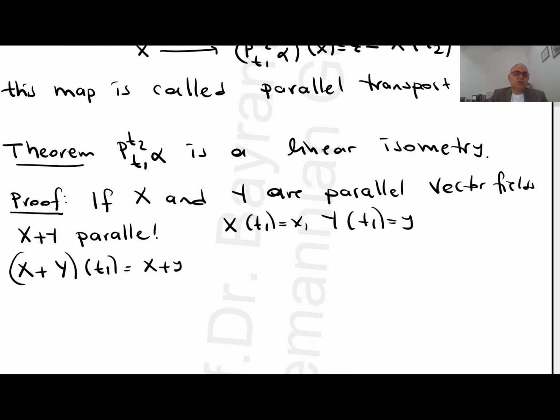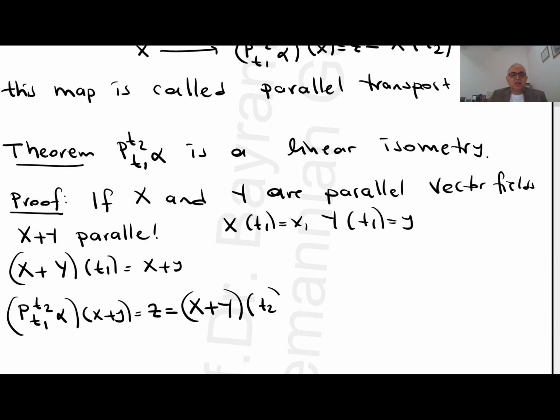Okay, first I will show this map is linear. So to show this, P_{t1,t2}^alpha of x plus y will be like z, but this one is (x plus y)(t2), right?